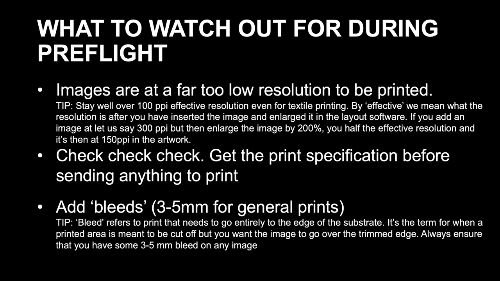Now, bleeds refer to prints that need to go entirely to the edge of the substrate. It's a term for when a printed area is meant to be cut off, but you want the image to go over the trimmed edge so that it doesn't leave an ugly white outline on the edge of your artwork. So always ensure you add bleeds to your artworks.